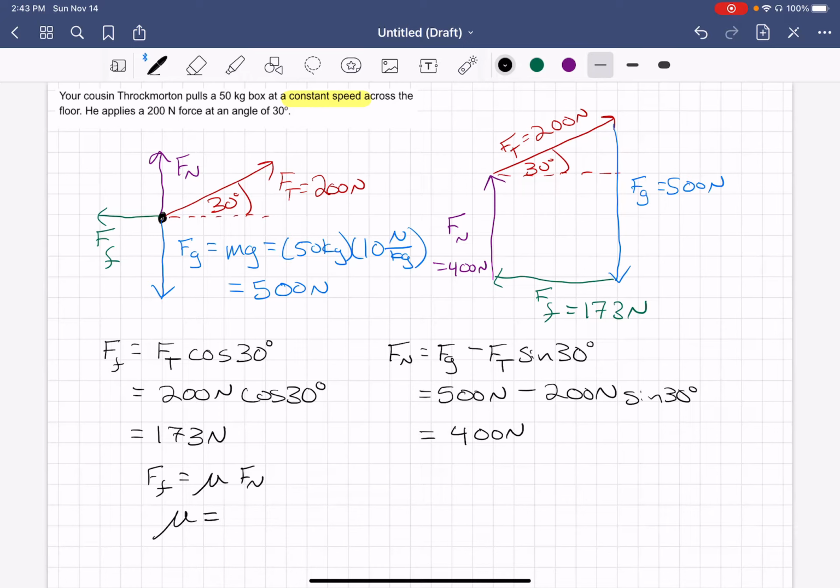Therefore, the coefficient of friction must be equal to the force of friction divided by the normal force, which is 173 newtons divided by 400 newtons. When I put all of that into my calculator, I get 0.43 for my coefficient of friction. So there you have it. Here's an example of how you can solve problems for balanced forces using vector addition diagrams.